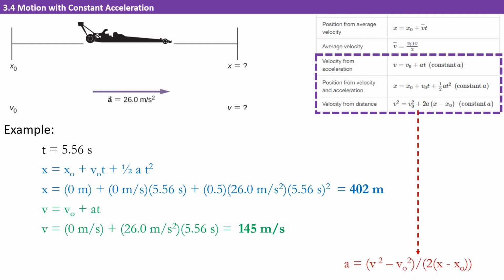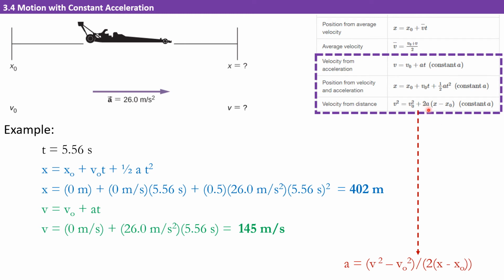What you could do is, if you know these two things, the distance traveled and the final velocity, you can actually plug them into this last equation I have down here to figure out what the acceleration is. So you can imagine a problem in which you don't know what the acceleration is, but suppose that you're given how far did it go and what was its final speed, then you can calculate the acceleration.